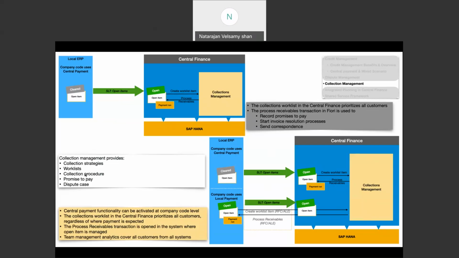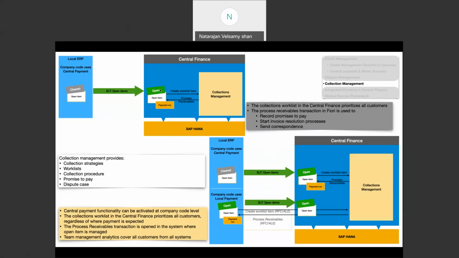Daily work list improves users' productivity and efficiency. Promise to pay agreements, dispute case via integration with the dispute management. These are the functionality provided in the collection management module.